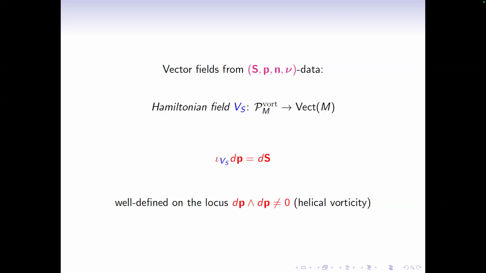Another vector field, which is Hamiltonian, you define by solving the following variational problem. Suppose I want to find the extremum on the space of parameterized trajectories of the following functional. This functional consists of 2 terms.